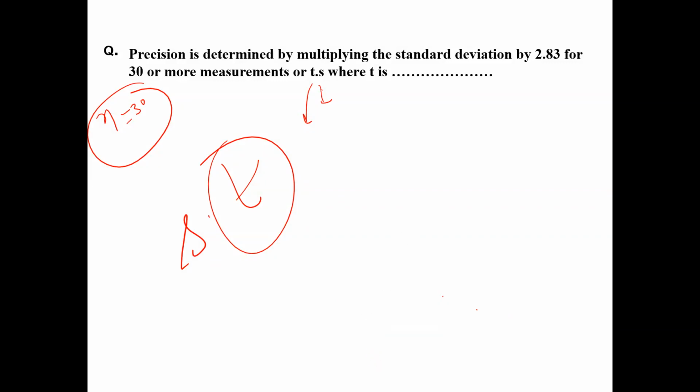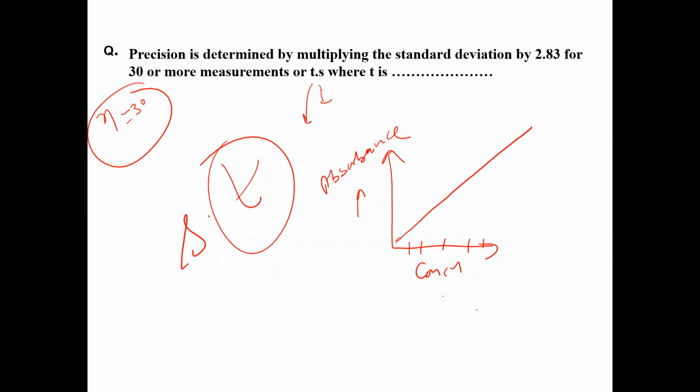If you are plotting the concentration here and the absorbance here, and 1 2 3 4 5, you are preparing a linearity of any metal and you are getting this line, right? So you will be getting an equation of this type, and this will be the slope.